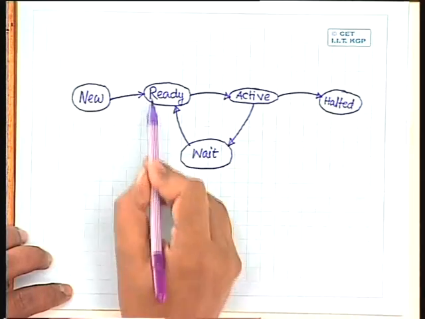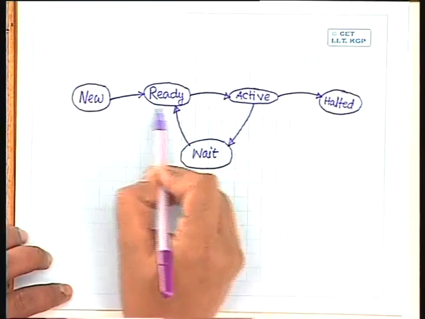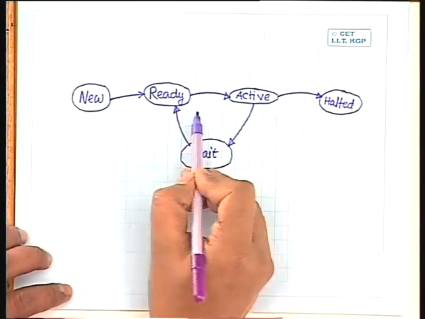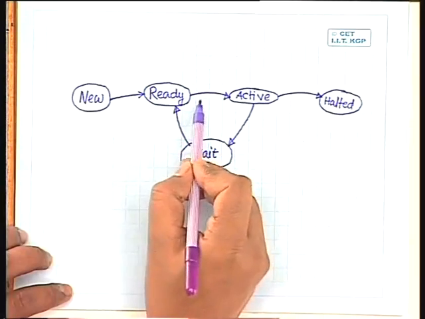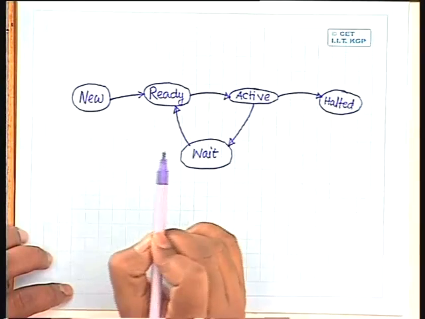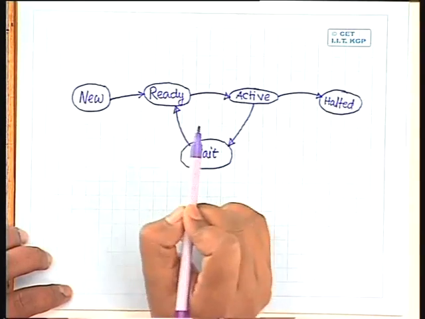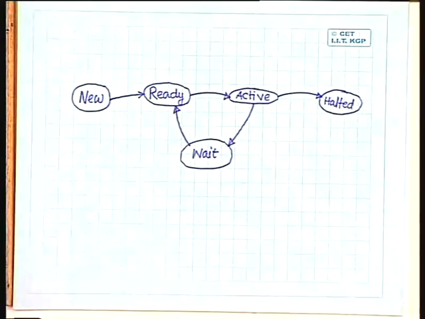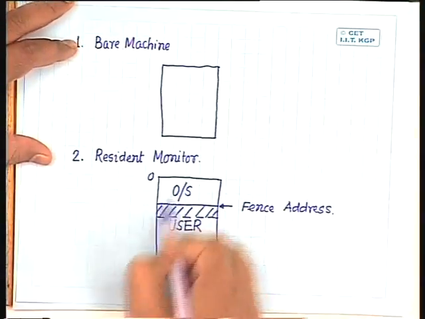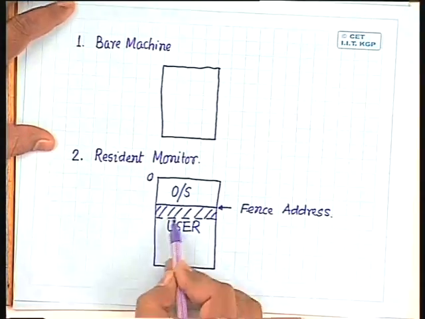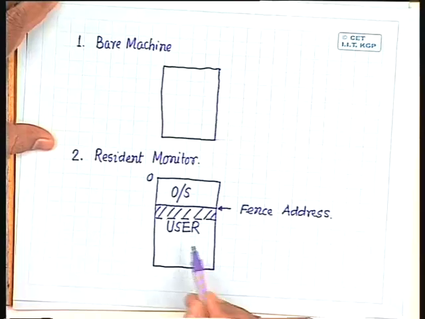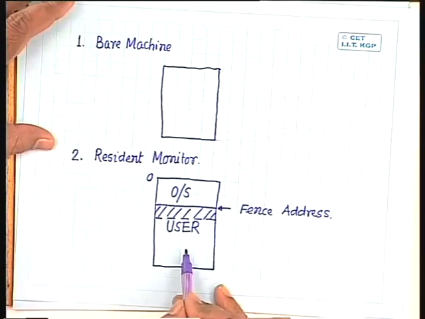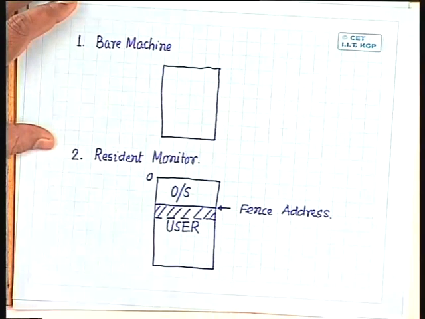Okay. So by this it is quite clear that I have to have a number of processes in the ready queue, or a number of processes ready simultaneously, for maximum utilization of the CPU. This is not supported by the resident monitor memory organization that we have discussed, because here I have a single user partition, and the single user partition can contain only one user program.